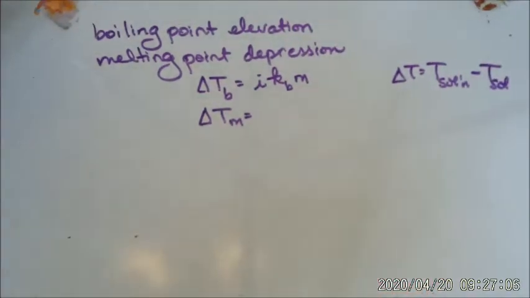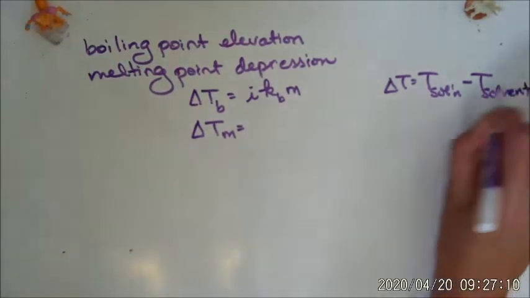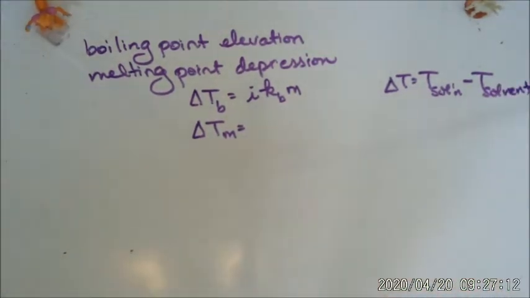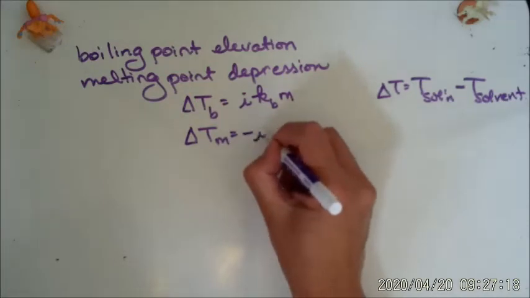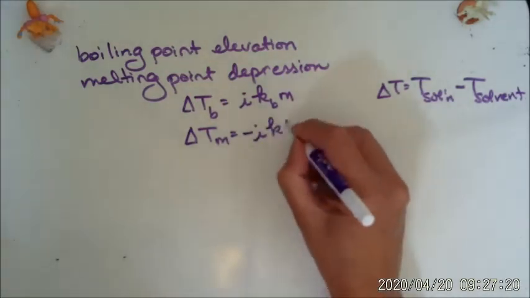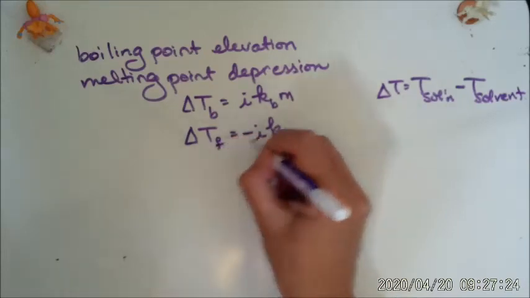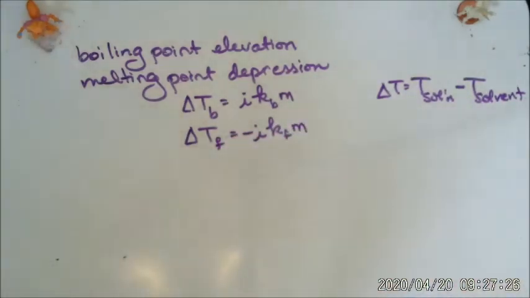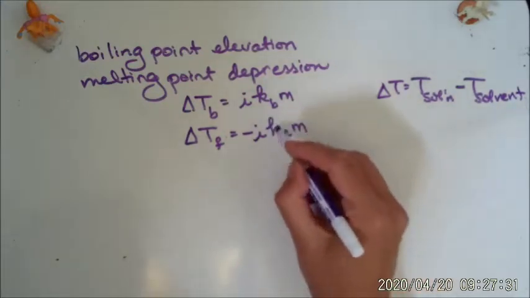You'll find that it's a positive value for boiling, and a negative value for melting. So, negative i, K, and put f for freezing. Let's just be consistent here, times molality. The K is going to be solvent dependent.